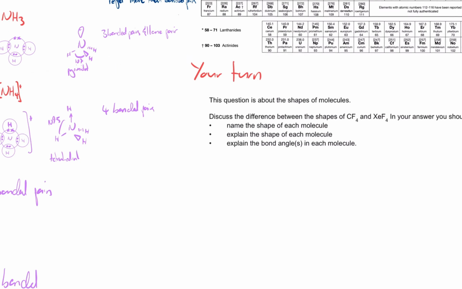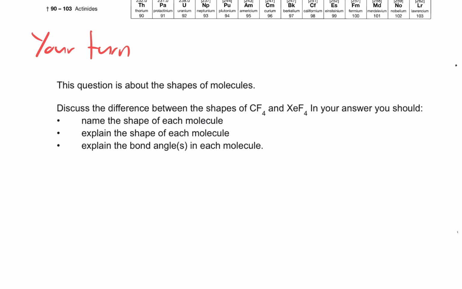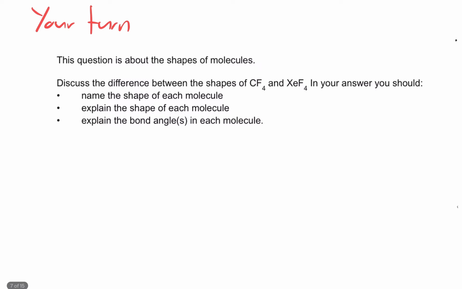So this was our question at the end of last video. So CF4, carbon is in group 4, so has 4 electrons in the outer shell, so it will form 4 covalent bonds. All of those are done. So we're going to have this.